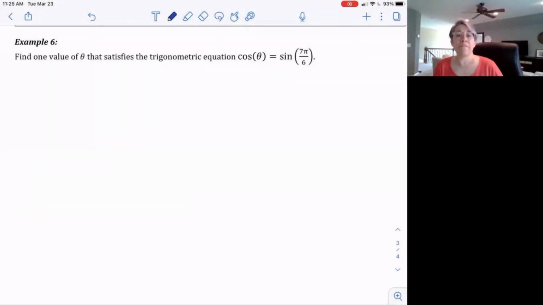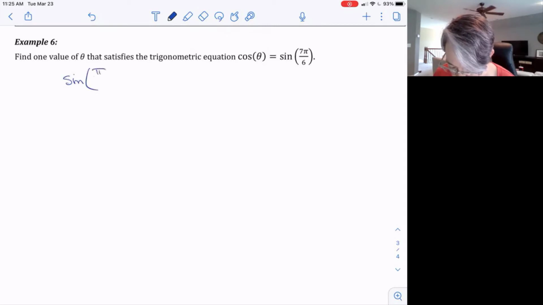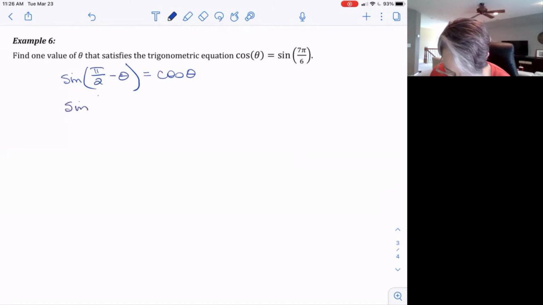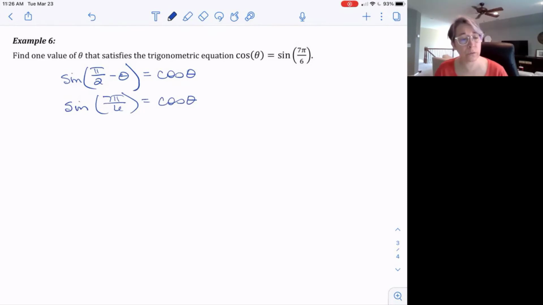So when they ask us to find one value of theta that satisfies this trigonometric equation, cosine of theta equals sine of 7 pi over 6, remember the function where sine of pi over 2 minus theta equals cosine of theta. Instead of pi over 2 minus theta, we have 7 pi over 6. Sine of 7 pi over 6 equals cosine of theta. In order for both of these to be true, this must equal this.